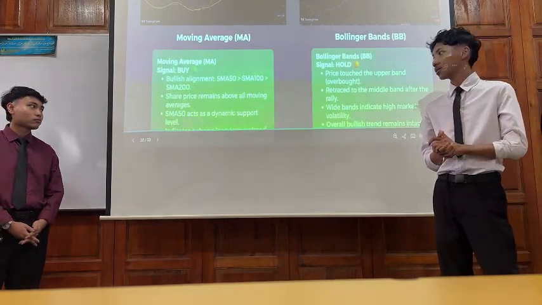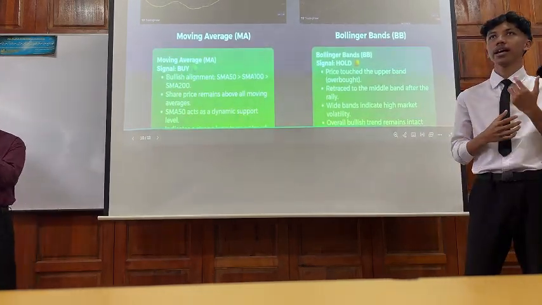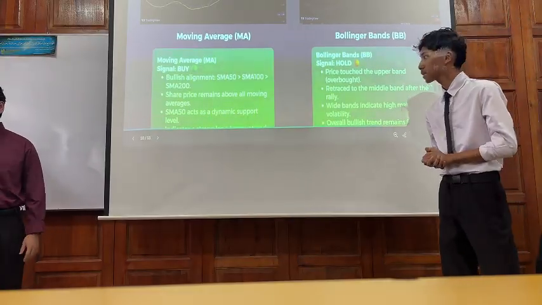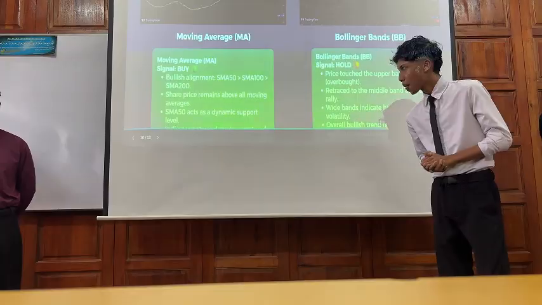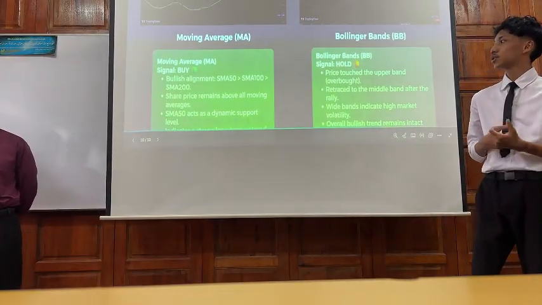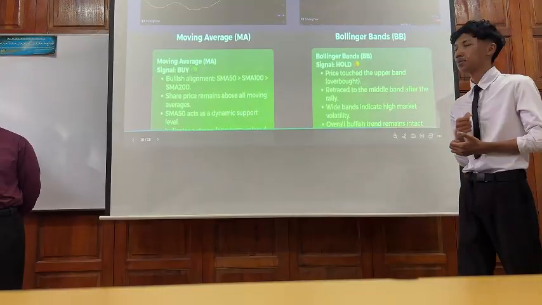SMA 50 also acts like a dynamic support level. It also indicates a strong long-term uptrend.